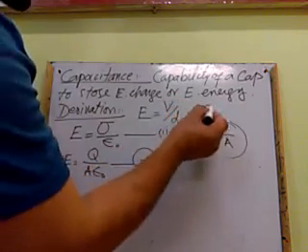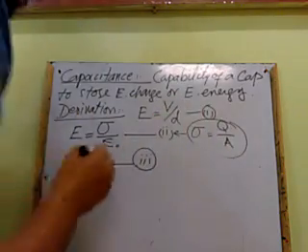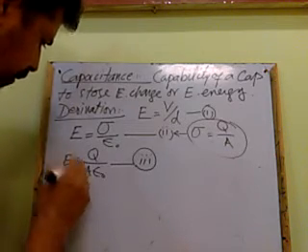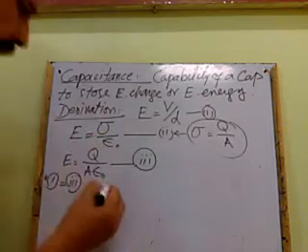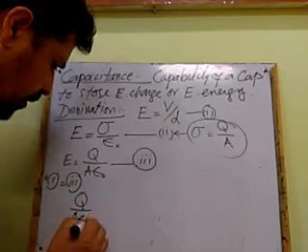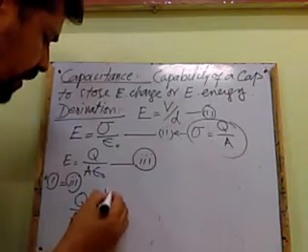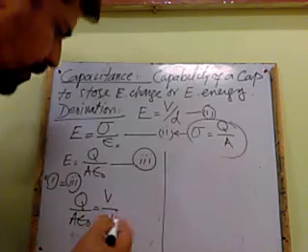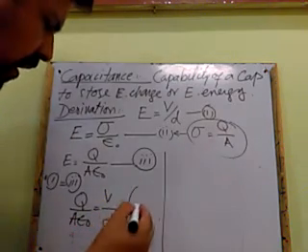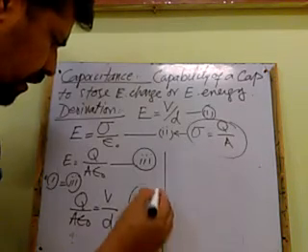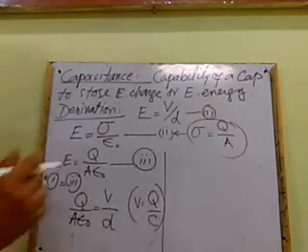Now, comparing equation number 1 and equation number 3, we can say that equation 1 becomes equal to equation 3, and we can write that Q divided by A epsilon naught is equal to V divided by D. Again, as we know that V is equal to Q divided by C, taken from the capacitor equation.